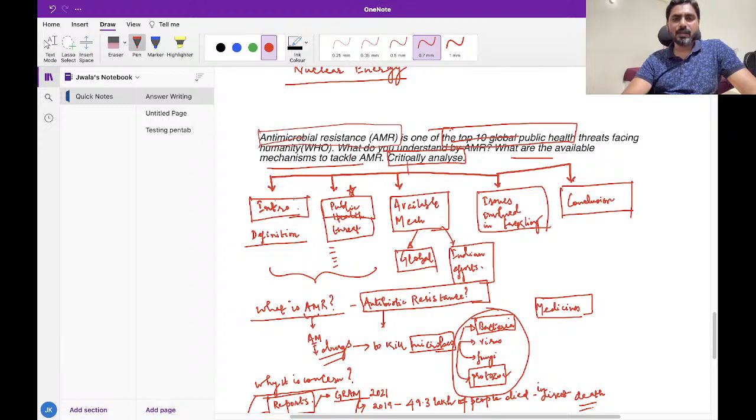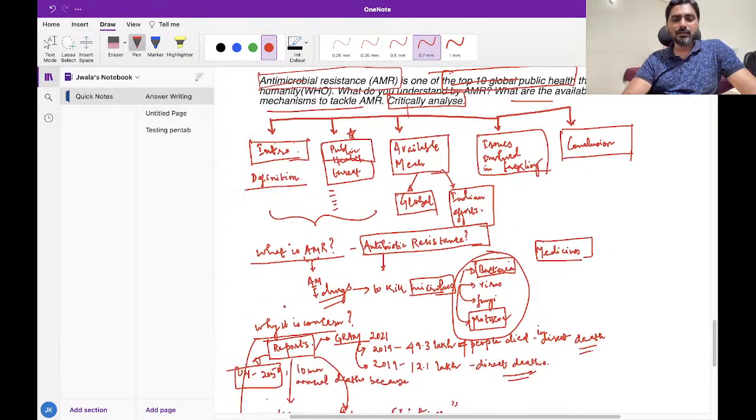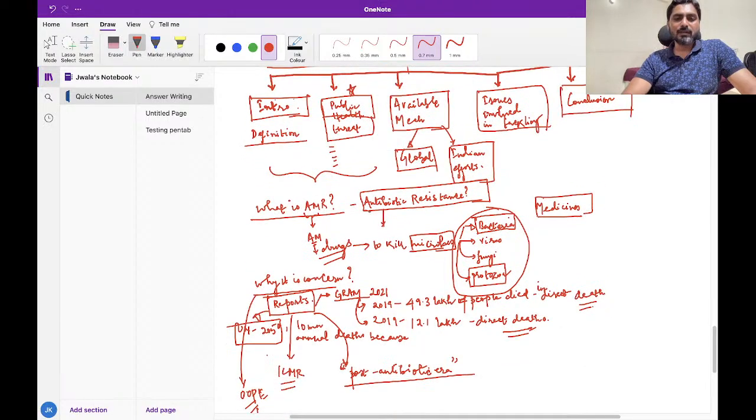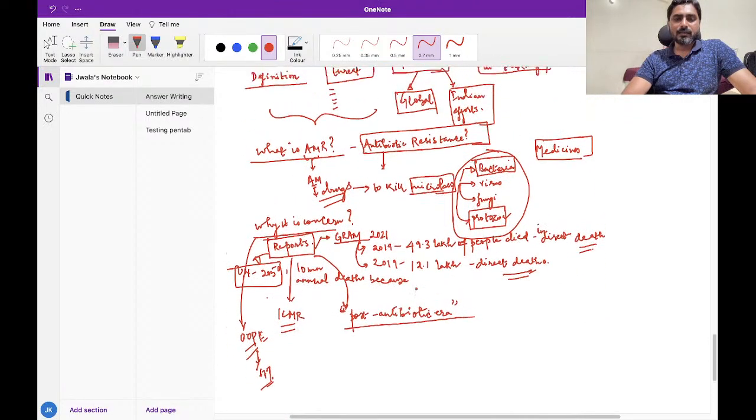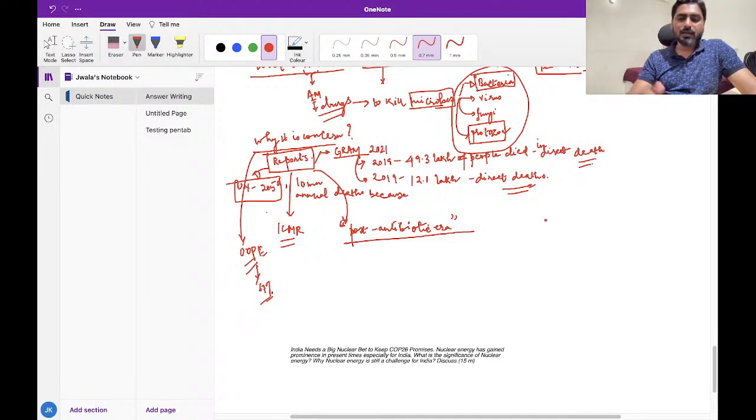Okay, now let us look at what you understand by AMR. You can discuss the reasons of AMR in this part. If you have space, then in brief you can mention the reasons of AMR, antimicrobial resistance.